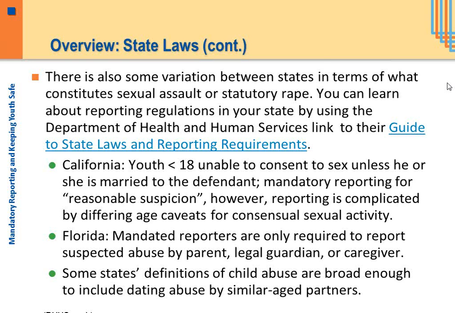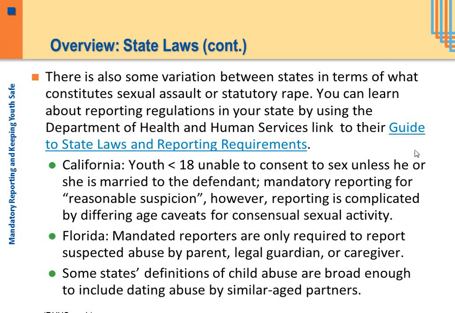Washington State, for instance, that I don't have up here, but is another example, says that you must report, quote, all incidents that a child has suffered harm in. And they don't limit it to caregivers. They really include anyone. But the sexual abuse definition is ambiguous as to whether or not statutory rape is included.